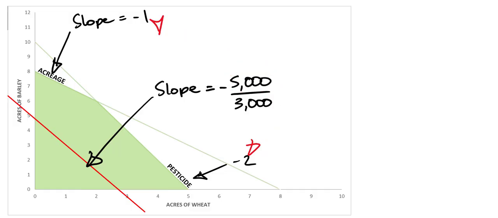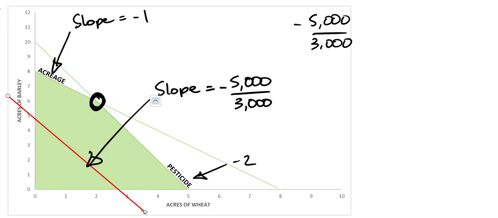So first, dealing with the 5,000, which represents the coefficient of wheat, if the slope right now of my objective function is minus 5,000 over 3,000, this point here will remain my optimal solution as long as this line, my objective function line slope, does not all of a sudden go higher than whatever this acreage constraint was, or in this case, -1.